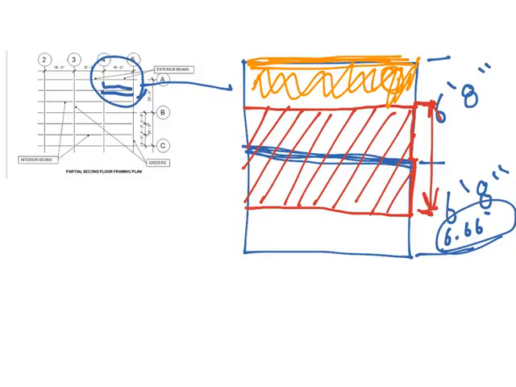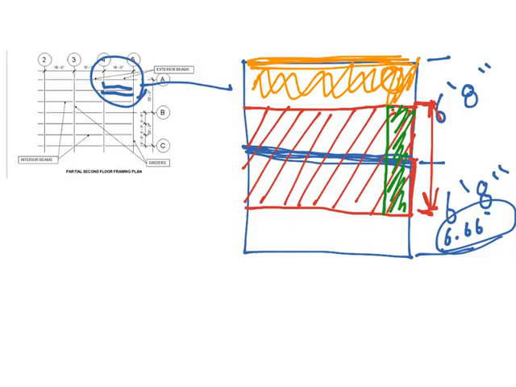Now we have our tributary width set up, now we can figure out how much this blue beam is going to have to hold up per foot. So I'm going to take this slice, I'm going to do this part in green. This is going to be per foot. I need to figure out how much this area of the beam weighs per foot as I go this way.